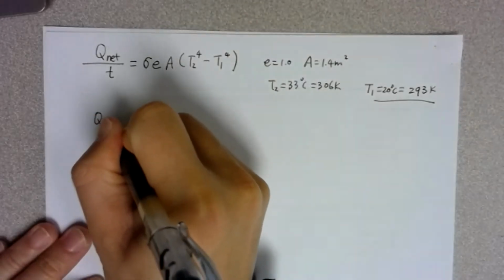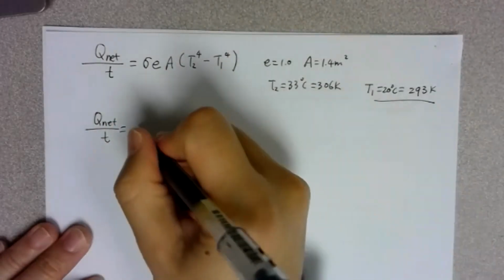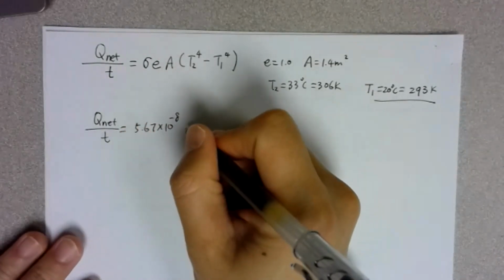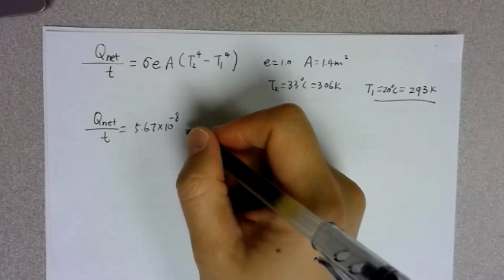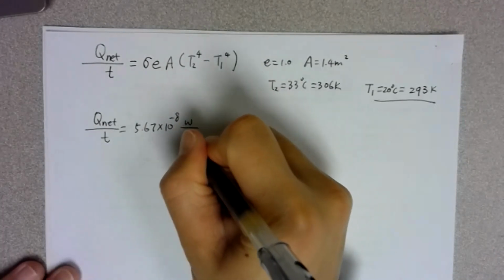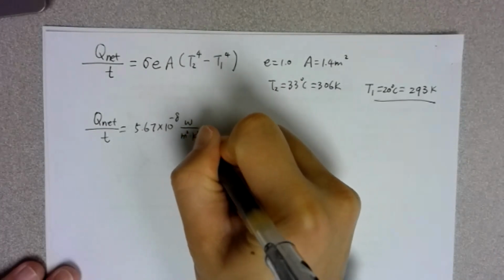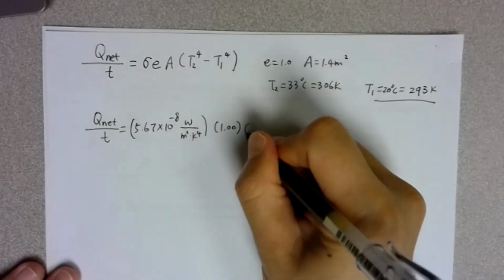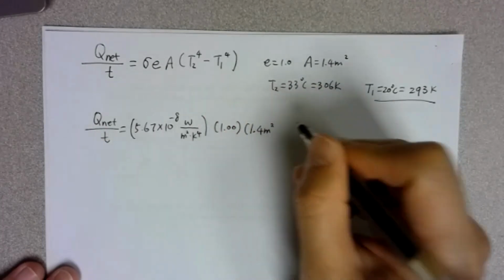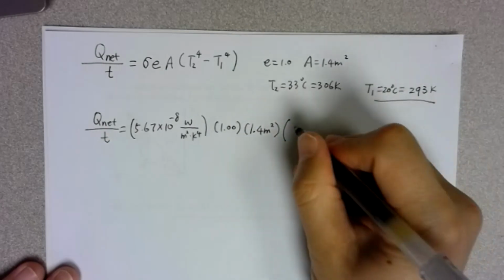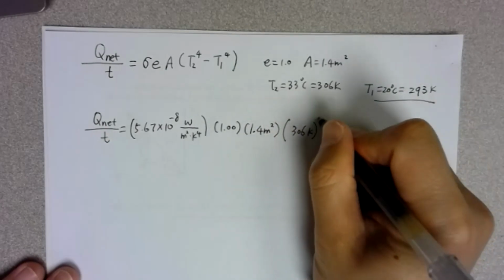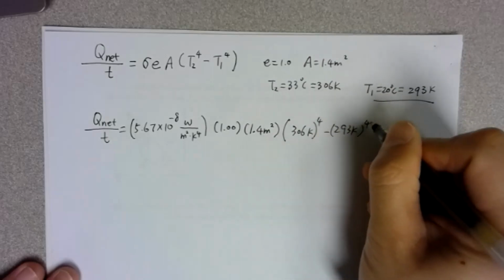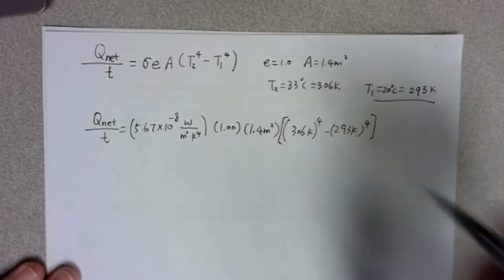The net heat power is equal to the Stefan-Boltzmann constant 5.67 times 10 to the minus 8, in units of watts per meter squared K to the fourth, times 1, times the surface area 1.4, times 306 Kelvin to the fourth minus 293 Kelvin to the fourth.